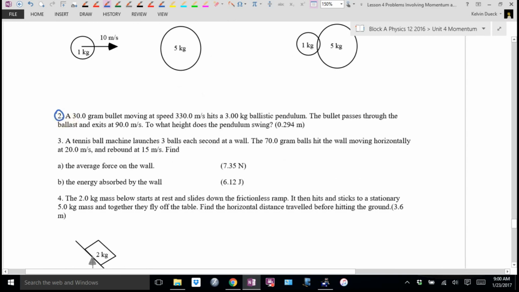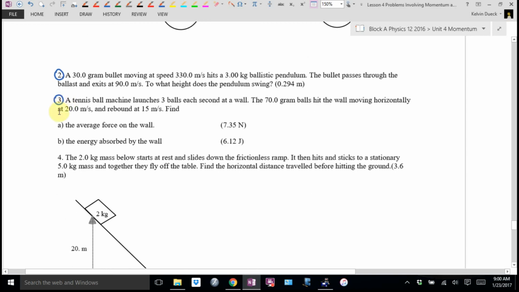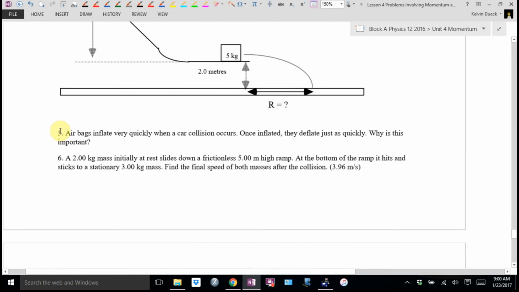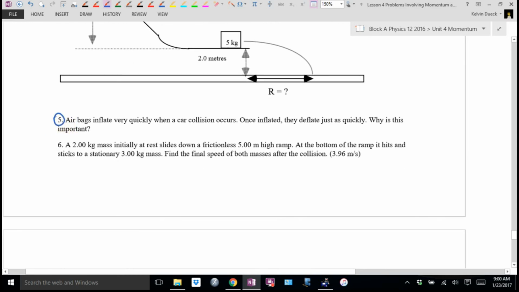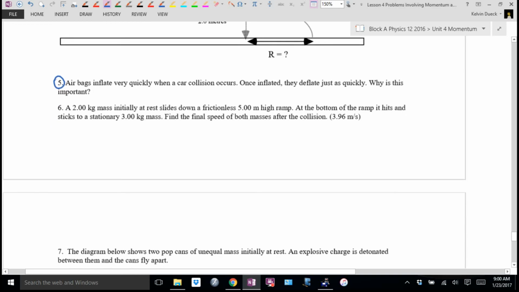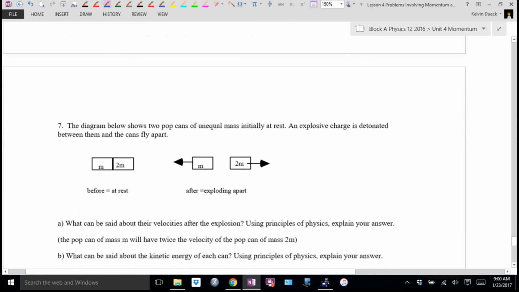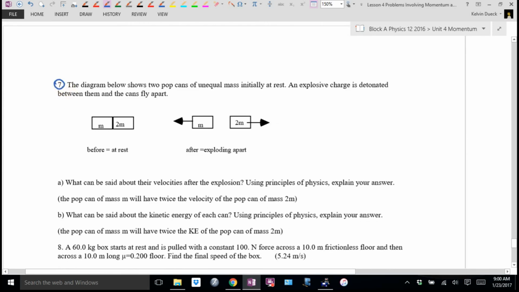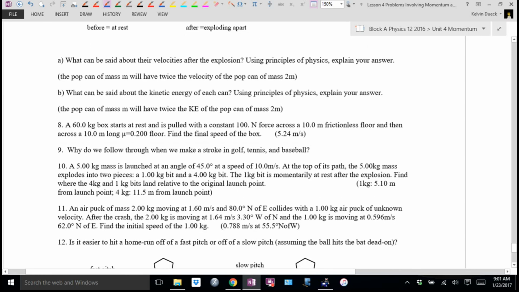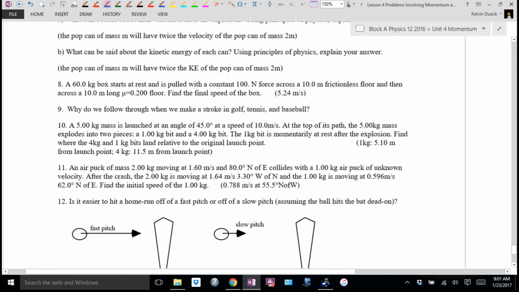Number 2 is a ballistic pendulum, except the bullet goes through. See if you can figure that one out. 3 is good. 5 is good. 6 is good. 7 is good. 9 is good. 10, I haven't done explosions yet.